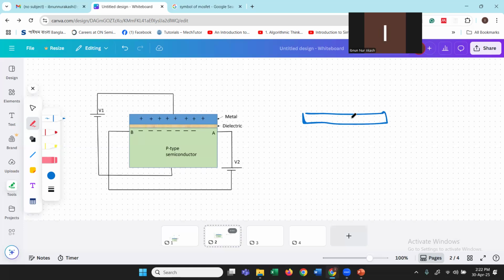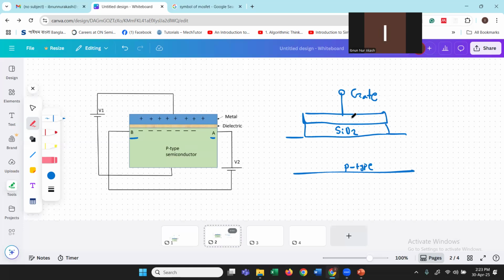Nowadays we don't use a metal plate, we use polysilicon, and this terminal is called the gate. And then we have our dielectric, and in this dielectric we use silicon dioxide. And then we have our p-type semiconductor. Now the remaining terminals are A and B.